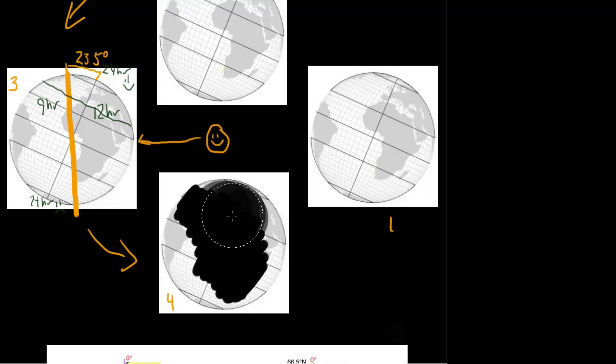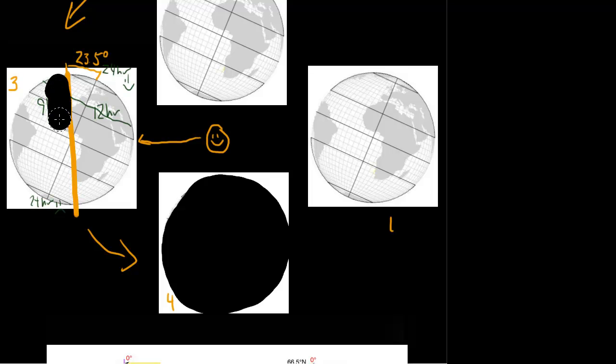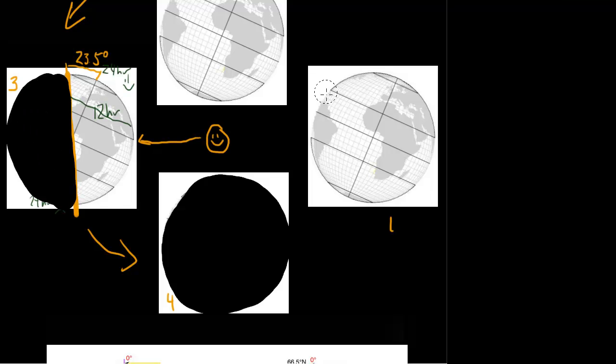Looks more like an egg now than it did the Earth. Let me make this a little smaller. Do the same sort of thing over here. So there's the dark side. This is the totally lit up side.